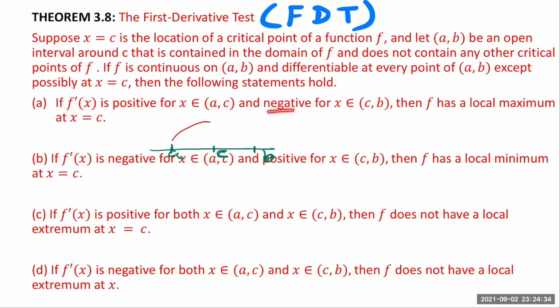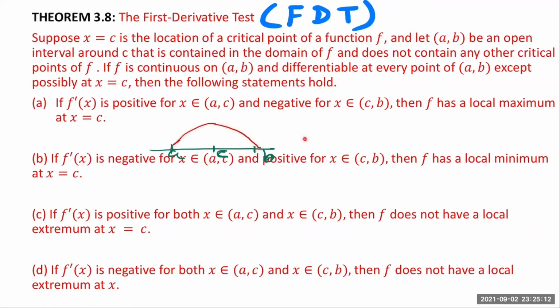And then it says negative for x between c and b. If your x is between c and b, f prime is negative. That means your function should look like this. Your function should be decreasing. As you can see, now the combined shape would be a shape of a local maximum, right?